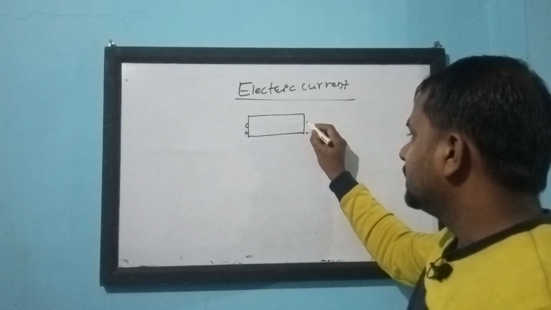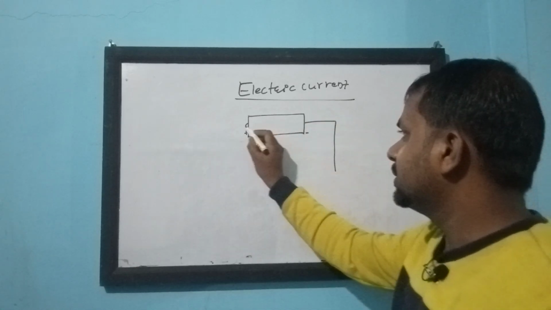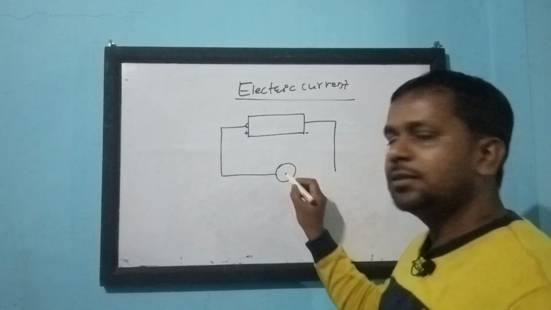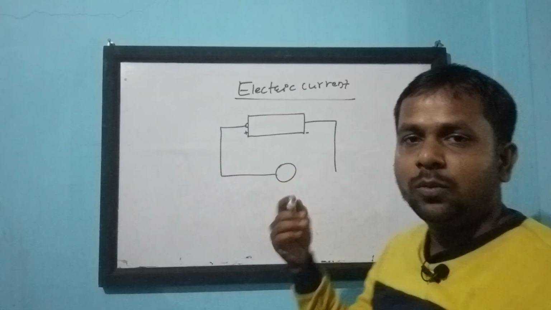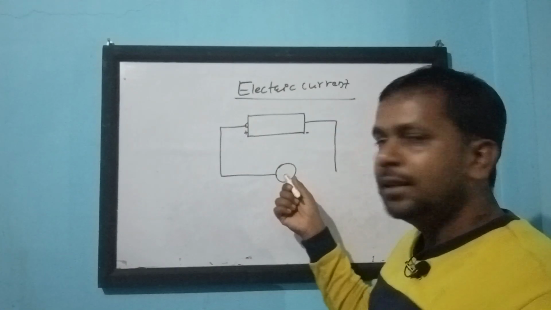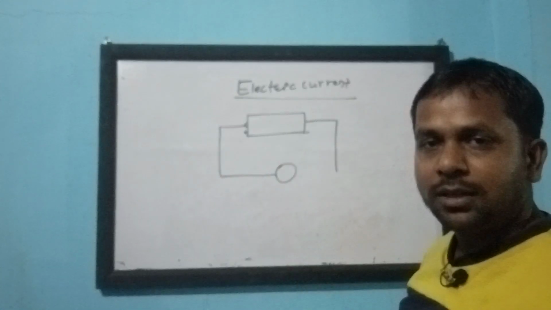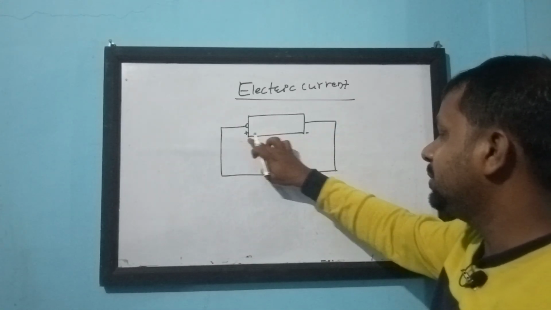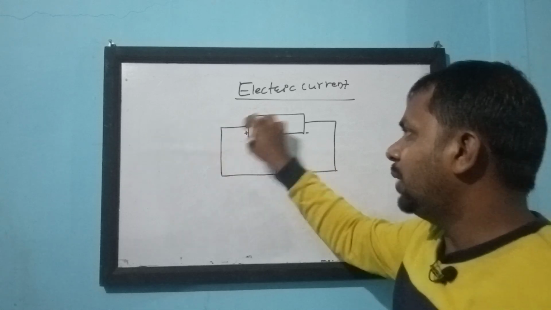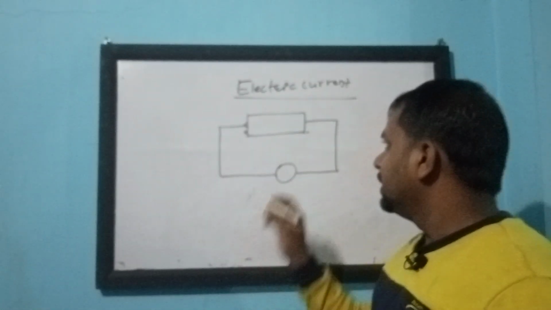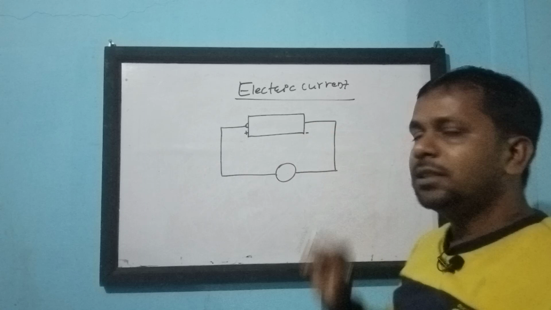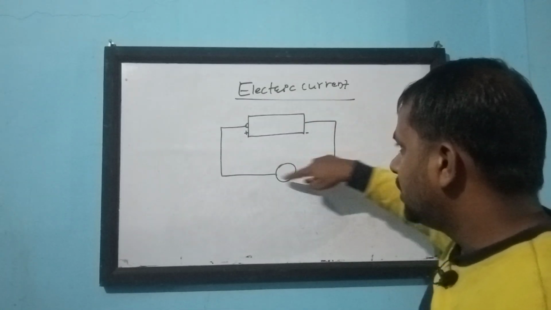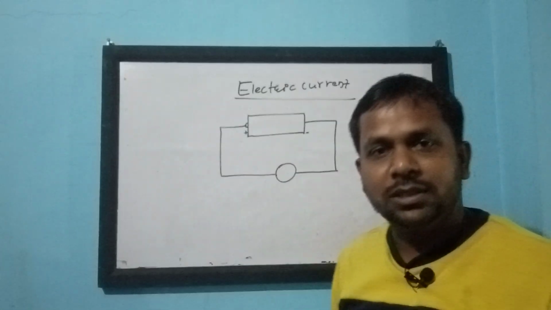When we join these two terminals like this and we keep here one resistance, suppose we have kept here one bulb, one fan, or any electrical instrument in this circuit, and we connect the negative terminal and positive terminal with the help of this wire, then what happens? This negative terminal consists of a large number of electrons. That electron will try to move and reach the positive terminal.